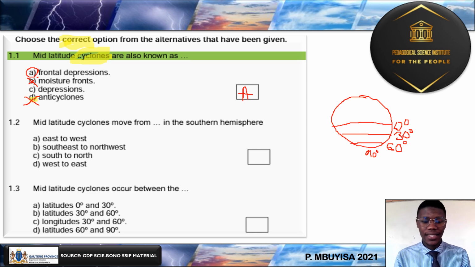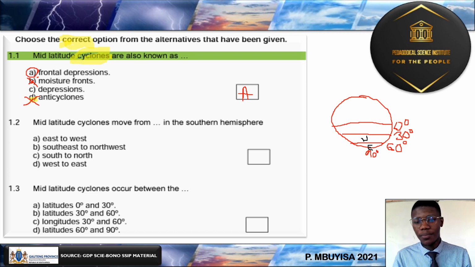Between 60 and 90 degrees we have polar easterly winds, which means between 30 and 60 we have our westerly winds. Remember that we have alternating winds in each region.